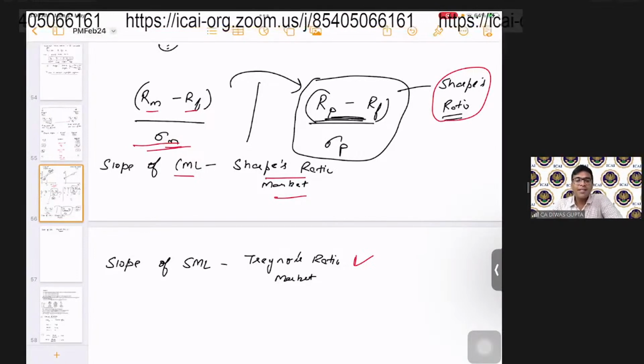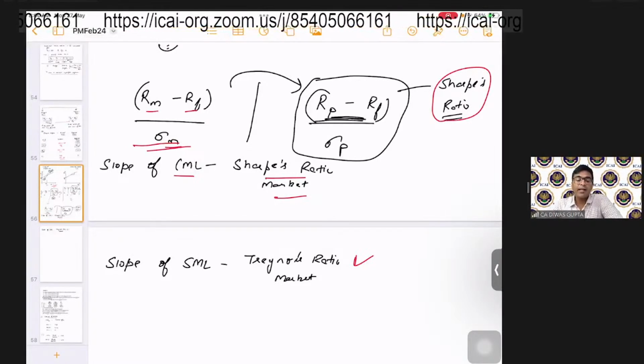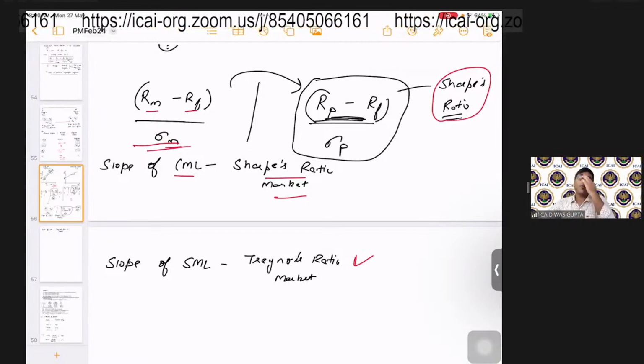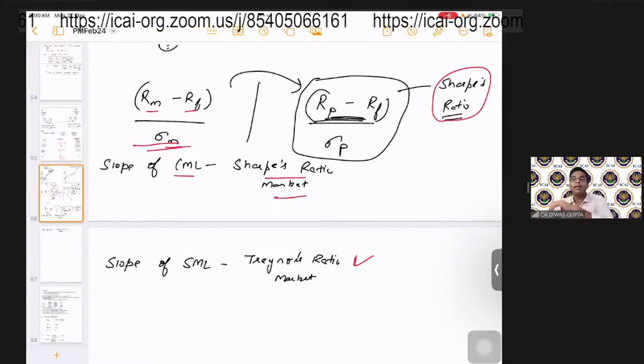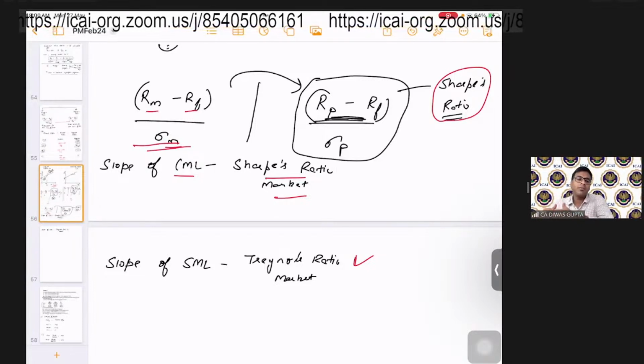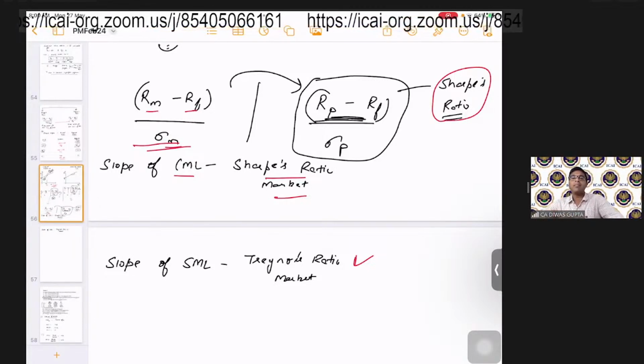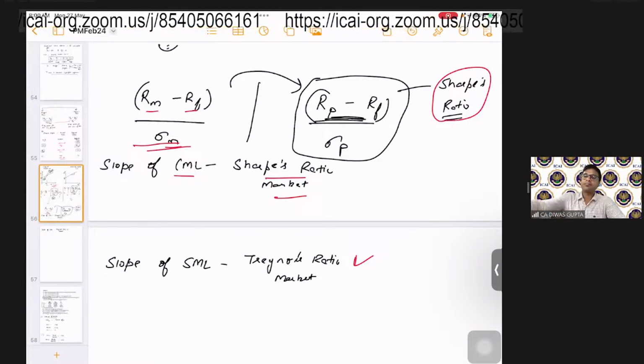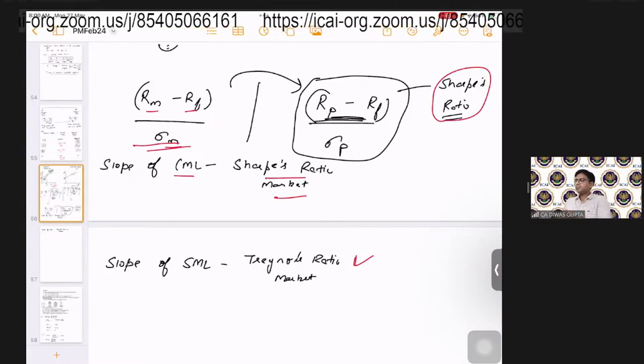Or if it says the slope of the securities market line, they're talking about the Treynor's ratio of the market. Hence we can use them to calculate or recalculate some of the missing parts in the question. Just a second.